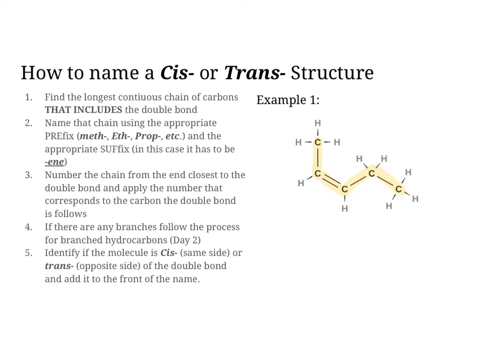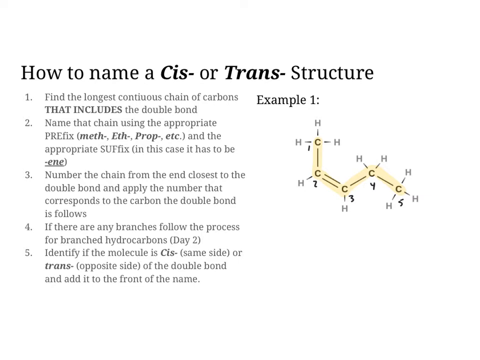And then I'm going to number the carbons, following the rule where I count closest to the multiple bond. So going from left to right, or down instead of up, will give me the appropriate numbering of my chain.